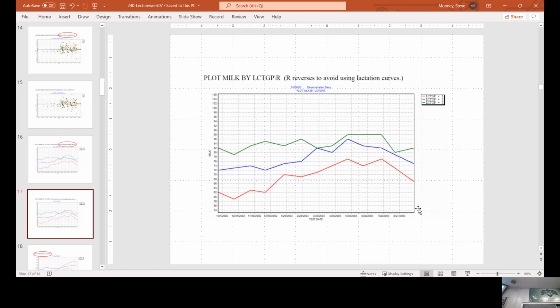Why were we high here? Why were we so low, relatively speaking, back here? We're drifting up. Is that a function of we're doing things better, or just the biology of the cow, or the season of the year, or the proportion of animals in different stages of lactation?